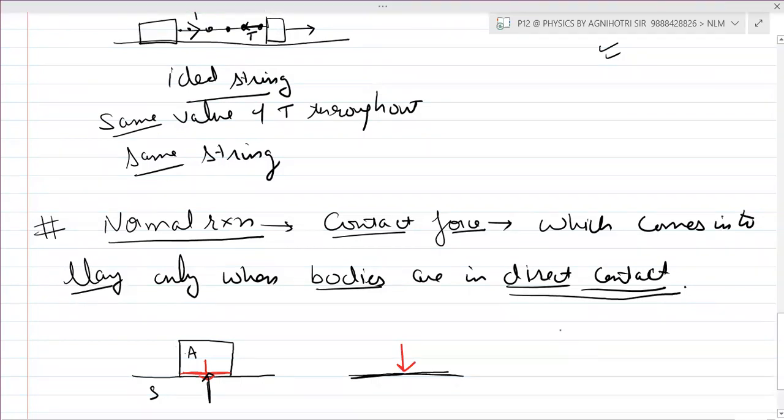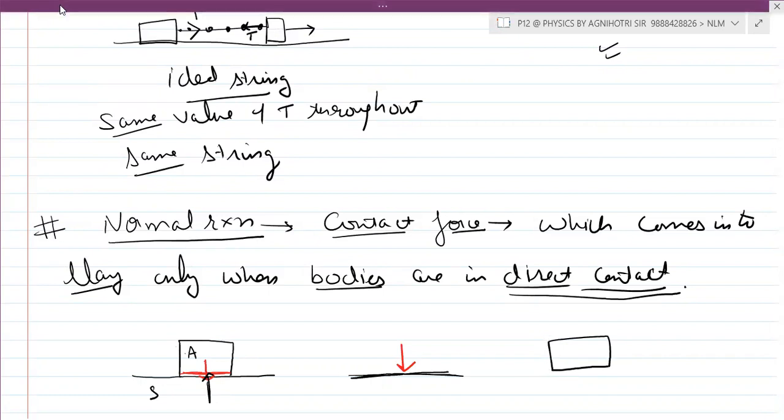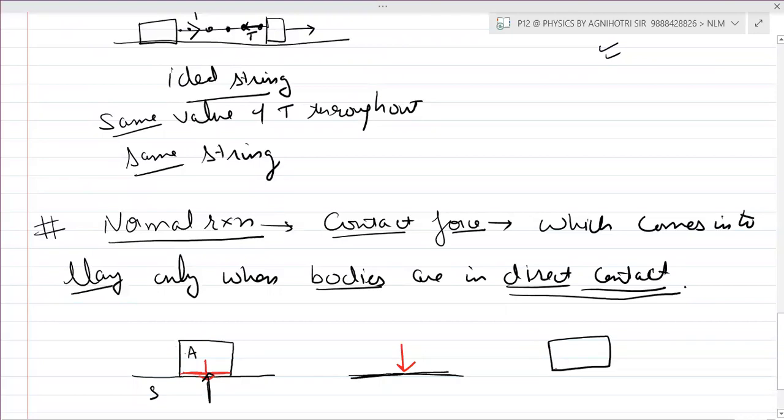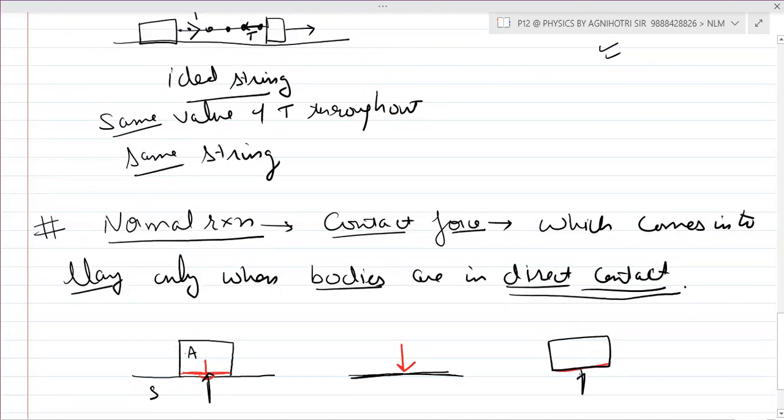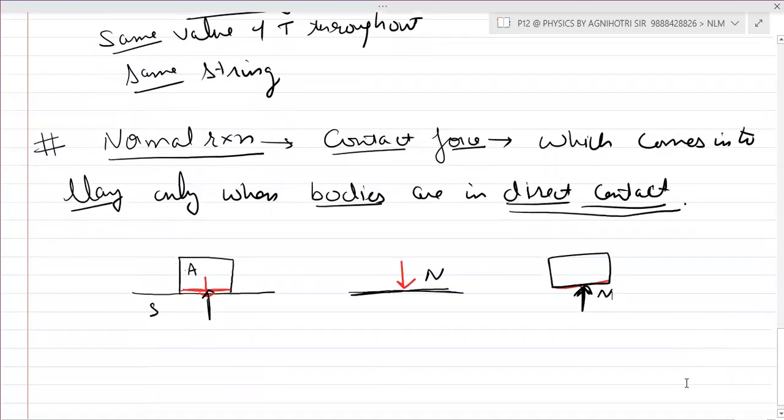And if I ask what is the force on this block, which I have drawn like this, the red portion, then you will say it will be this force only, all right? And no doubt, this is called the normal reaction. According to Newton's third law, they must be equal and opposite.